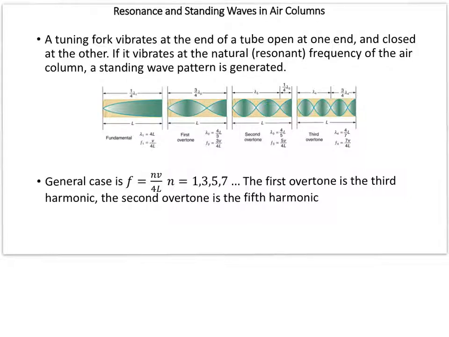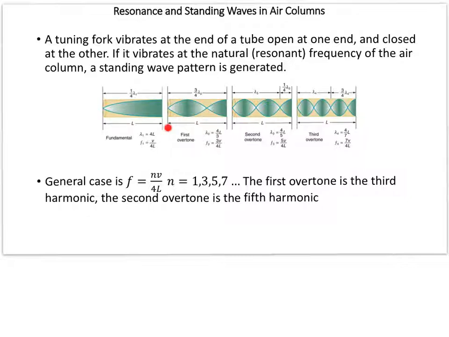Now, if the tuning fork vibrates at the natural frequency or the resonant frequency of the air column, then we get a standing wave pattern generated. Now, these are very reminiscent of the standing wave patterns we saw with strings. Only in this case, it's not the string that's vibrating, but it's the air column.